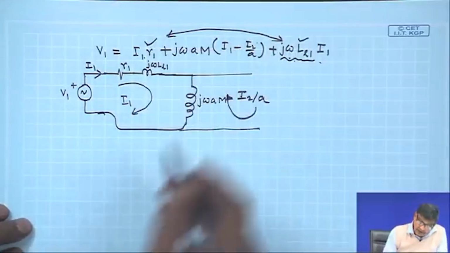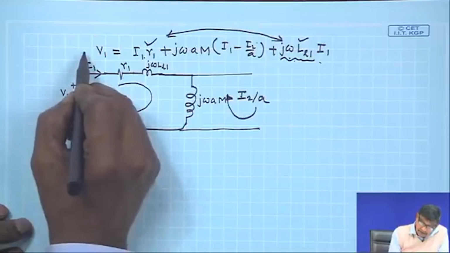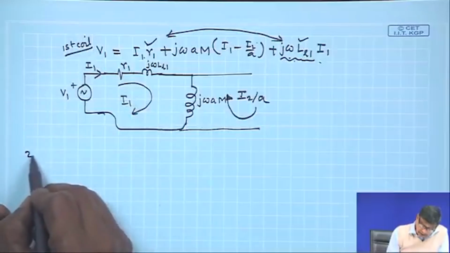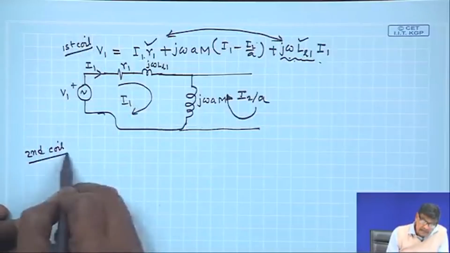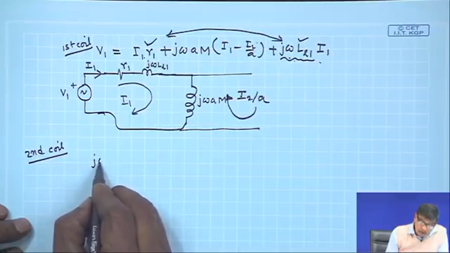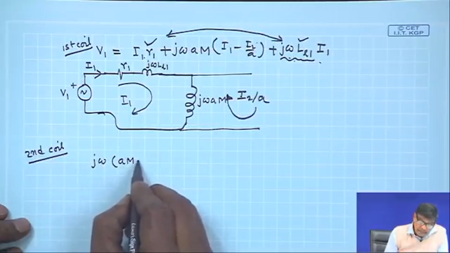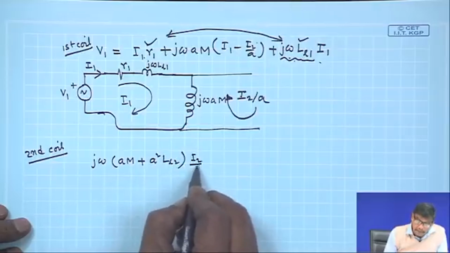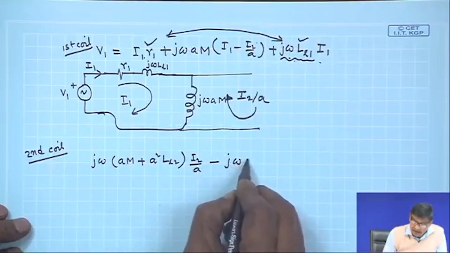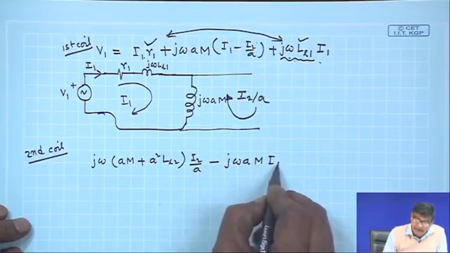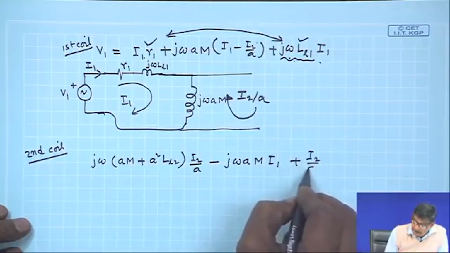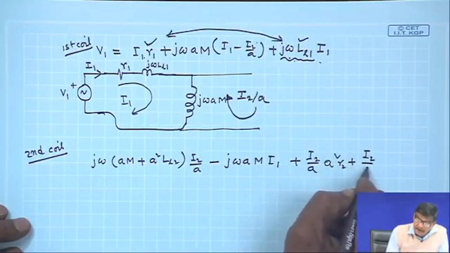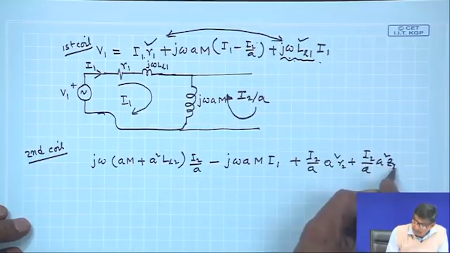The second equation, if you recall, this was the first loop, first coil KVL. Second coil KVL we have already got. Second coil KVL was j omega A m plus a square L L 2 into I 2 by A minus j omega A m I 1, plus I 2 by A square R 2 plus I 2 by A square Z 2 is equal to 0.